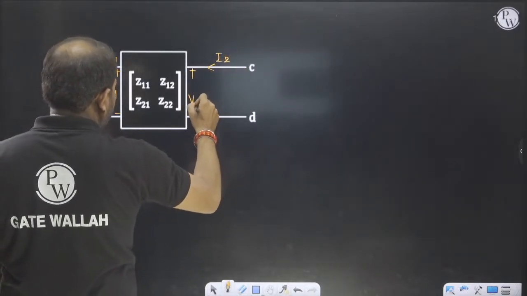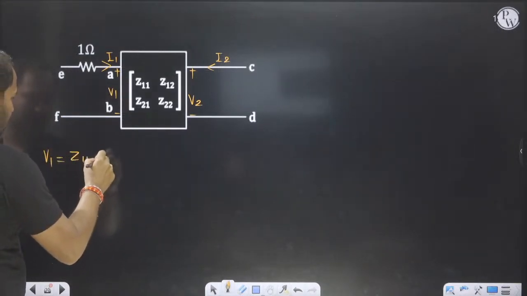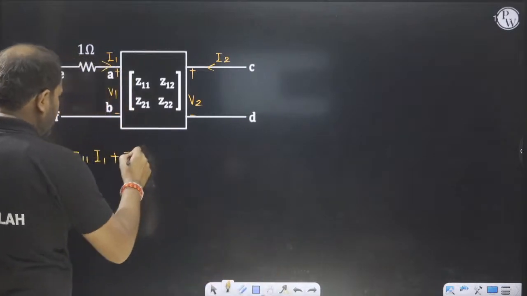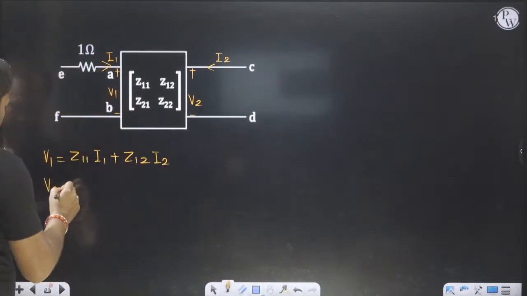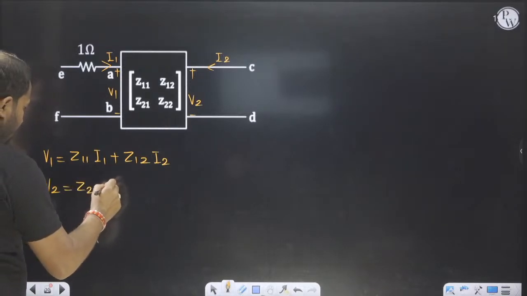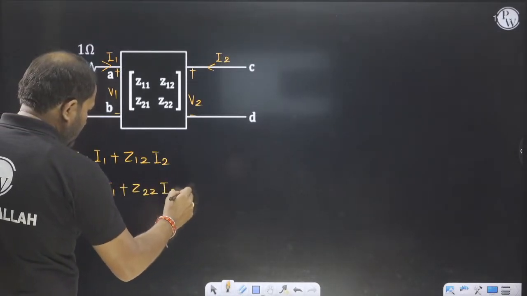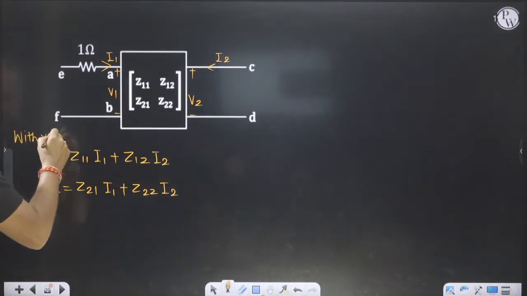So we have V1 equal to Z11 I1 plus Z12 I2, and V2 equal to Z21 I1 plus Z22 I2. You can go through this with respect to AB.